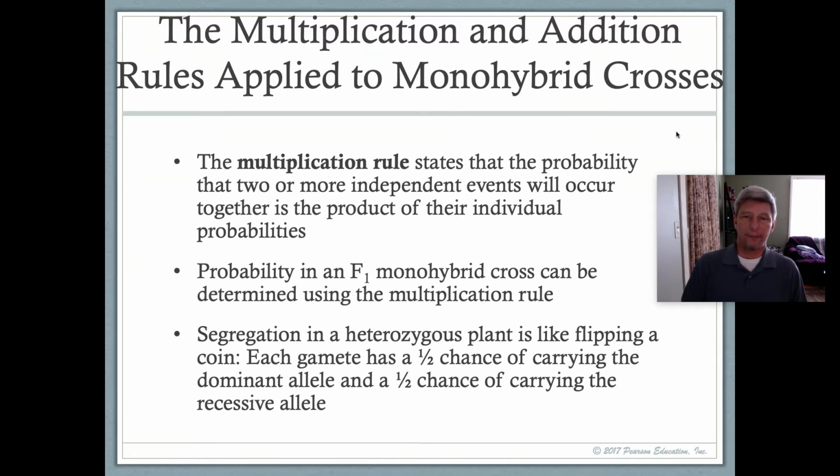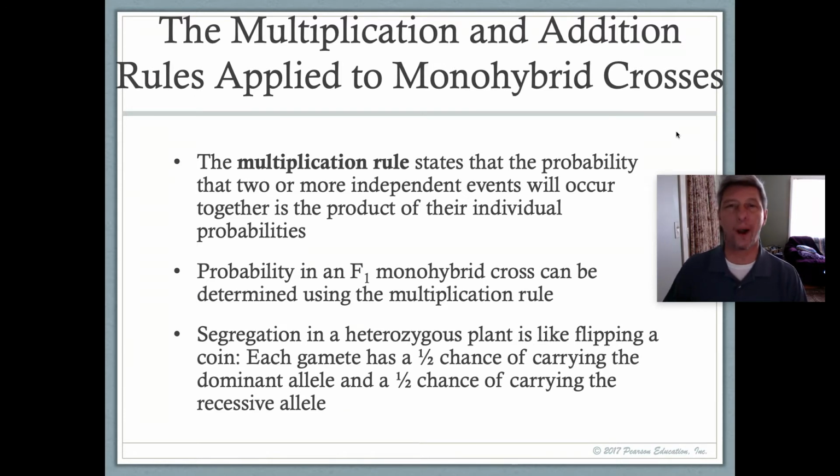So for example, if the chance that you're going to get a recessive allele in your gamete is 1/2, and the chance that the other heterozygote is going to put a recessive allele in their gamete is 1/2, then 1/2 times 1/2 gives you 1/4.